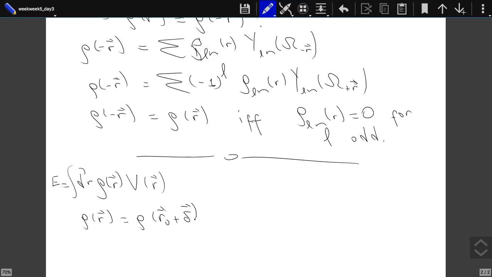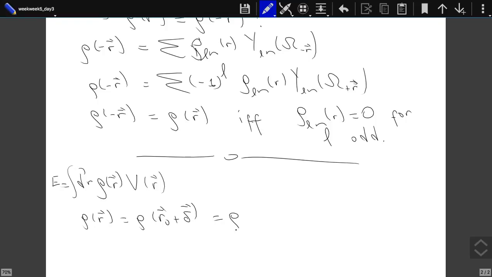Somebody was asking on Wednesday, where is this dipole? It is at R0. So it is kind of arbitrary. But nevertheless, you should choose it in a way that delta is small. So it should be somewhere inside your charge distribution, if you have some localized charge distribution.